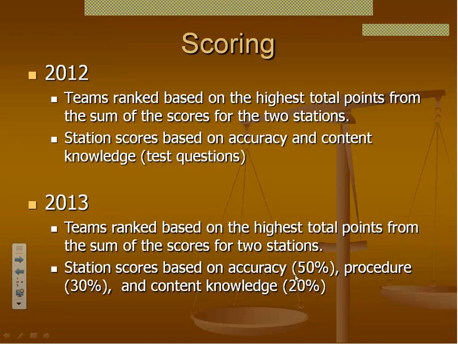What happened last year is there were some people who felt that when the whole points were based off of a right answer, it was leaving it too open for someone who just happened to be a very lucky guesser.